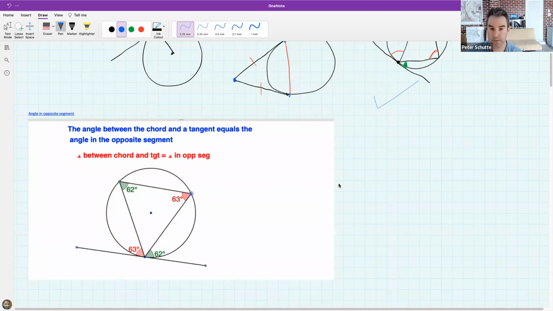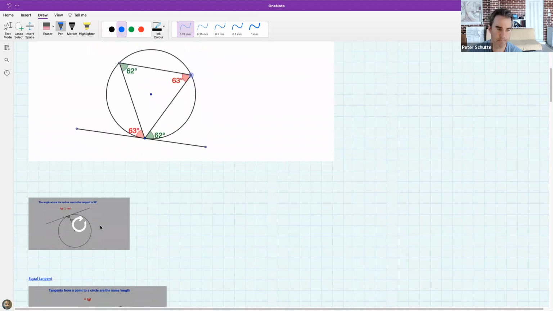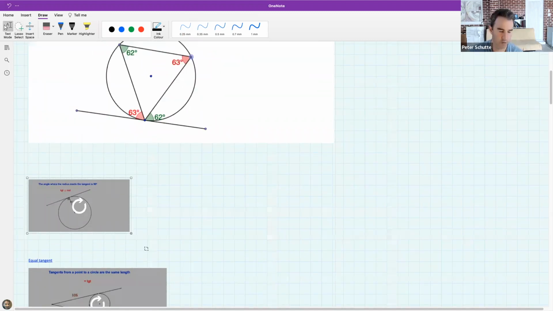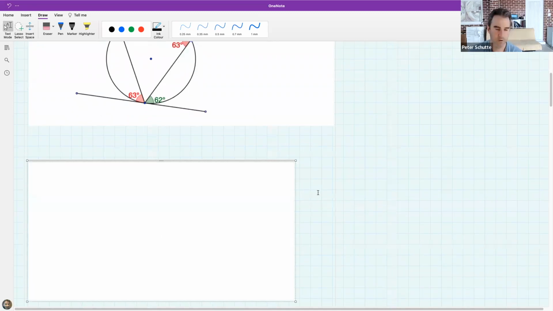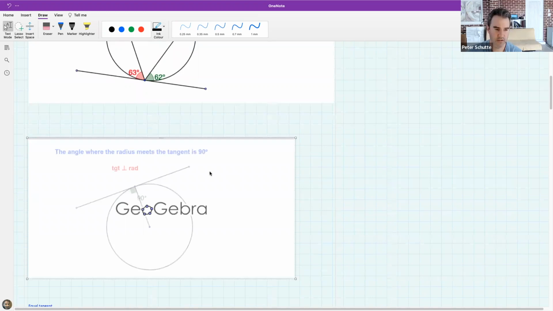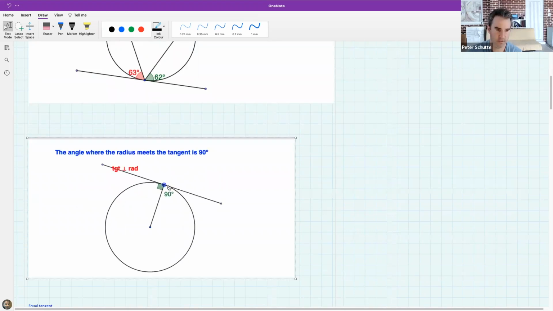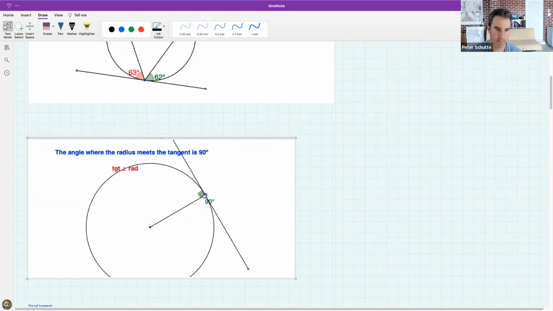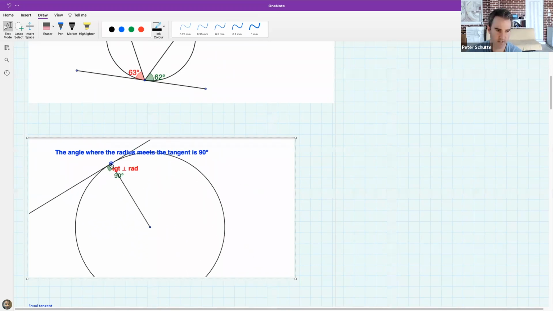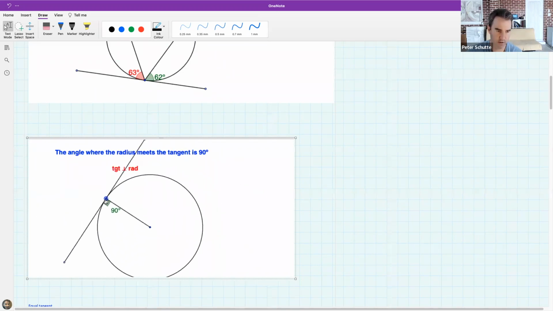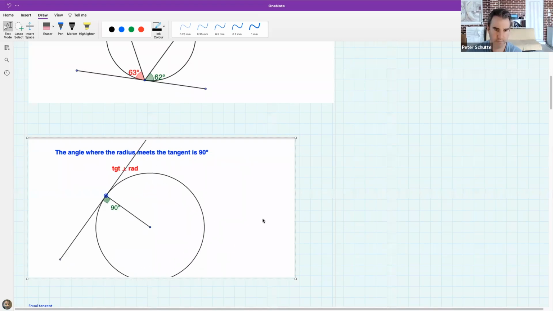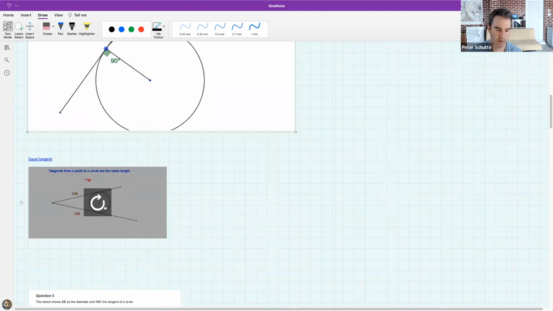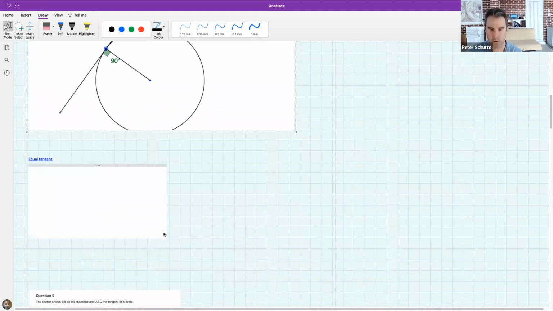So that will be in play today. Then the other thing that will be in play is this one, which says that if I move the tangent around the circle, it always stays at 90 degrees. The tangent and the radius's relationship is perpendicular. And then the last one, it always looks to me like two hands holding a ball or something.